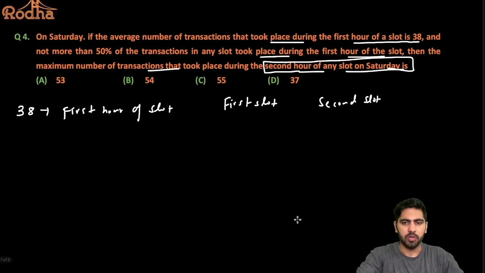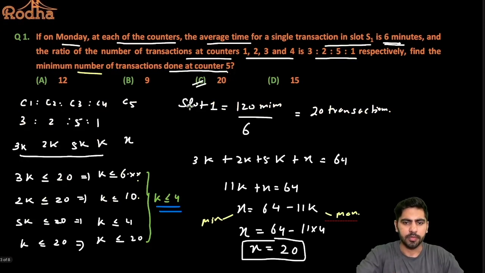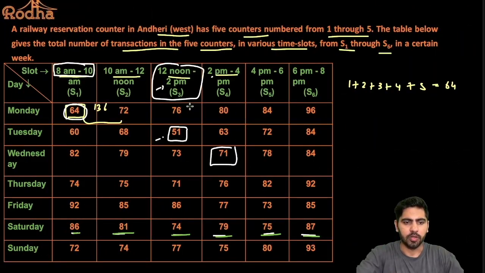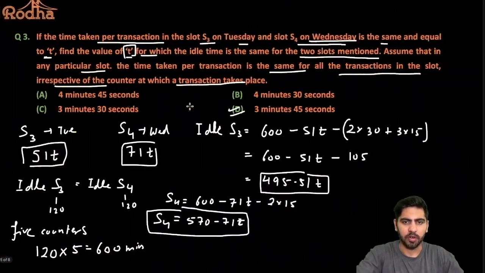So these are the number of transactions on Saturday in each of the given slots here, right? So I can say slot 1, slot 2 and slot 3. The number of transactions in each of the slots, that is slot 1, 2 and 3, is 86, 81, and 74 on Saturday. All right.